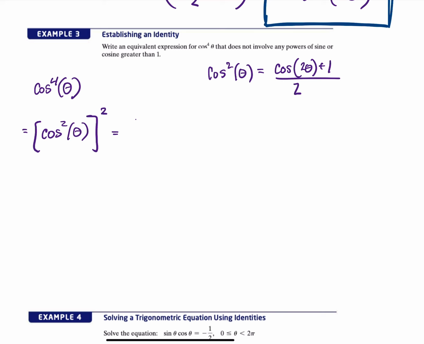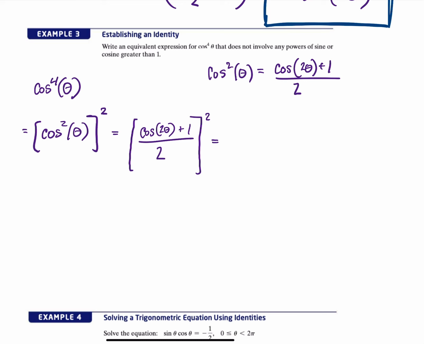So we still have this big outer square happening, but inside we can replace it with cosine of 2 theta plus 1 over 2. And this is being squared, meaning the numerator will be multiplied by itself and the denominator will also be multiplied by itself. So we have 2 factors of cosine of 2 theta plus 1. So let's multiply that out. Let's expand it out, because we still need to evaluate this outer square.